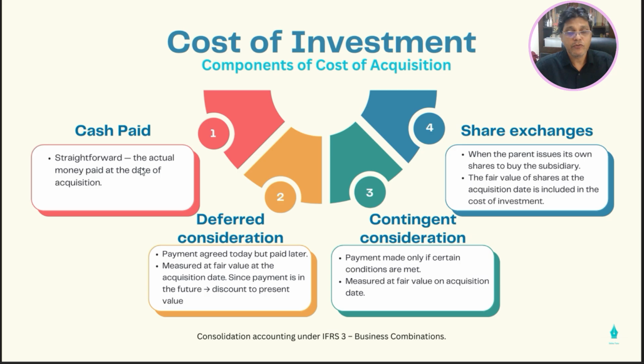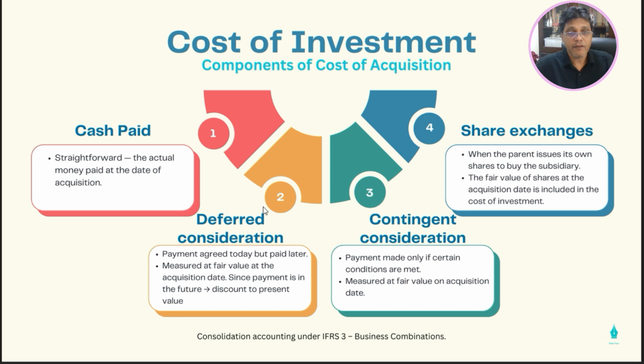Basically, you need the cost of investment, or the consideration paid, to identify the goodwill. You simply take the consideration paid and compare it with the fair value of the net assets acquired. If there is non-controlling interest, you also need to take that into consideration.